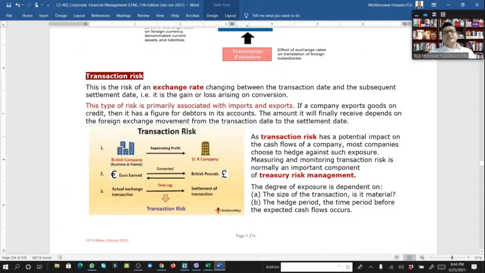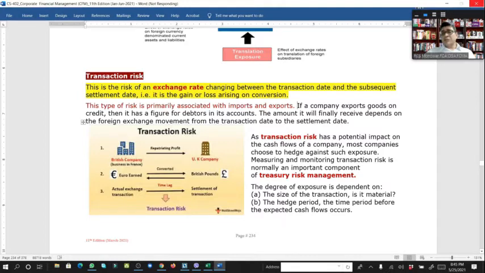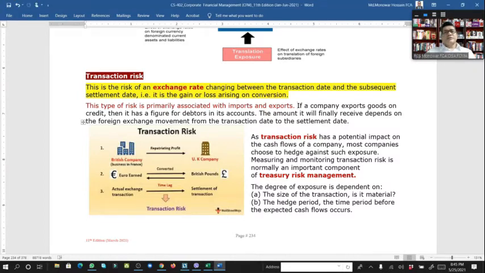Transaction risk, this is the risk of an exchange rate changing between the transaction date and the subsequent settlement date. It is the gain or loss arising on conversion. This is the transaction risk. If you open an LC of 100 million US dollars on the 1st of January for 1 year, and the 31st December, that means you commit, the bank establishes it this way.